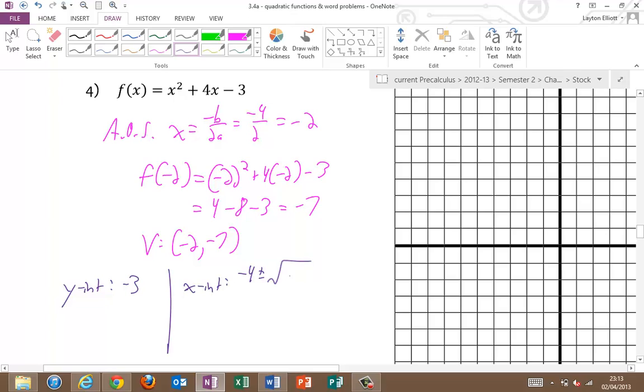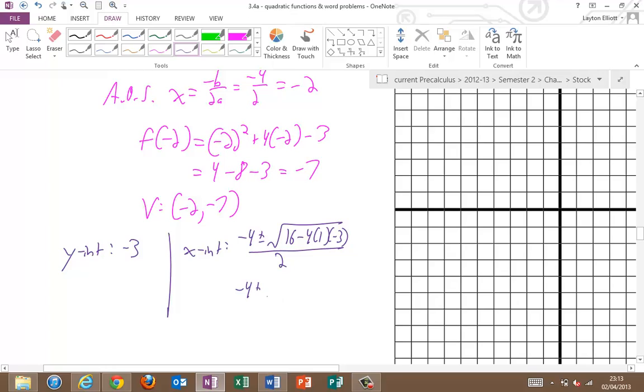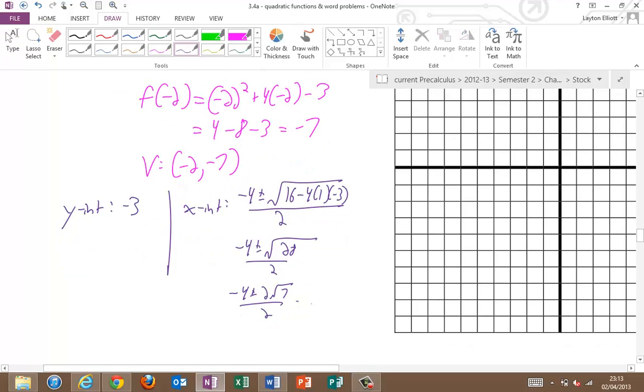Negative 4 plus or minus square root of 16 minus 4 times 1 times negative 3, all over 2. And I get negative 4 plus or minus square root of 28 over 2, or negative 4 plus or minus 2 root 7 over 2, or negative 2 plus or minus root 7.